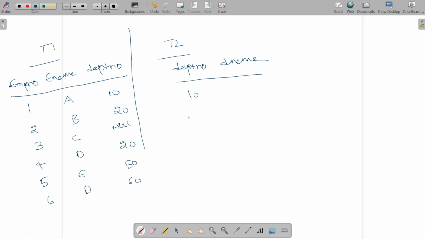Here we have 10, 20, 40, 70, 80. This is how the data looks in the two tables.